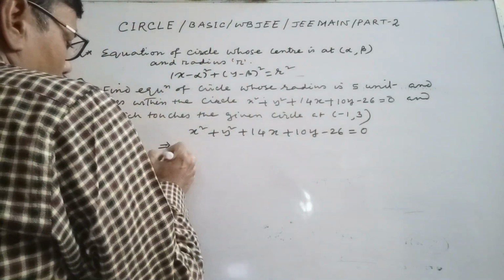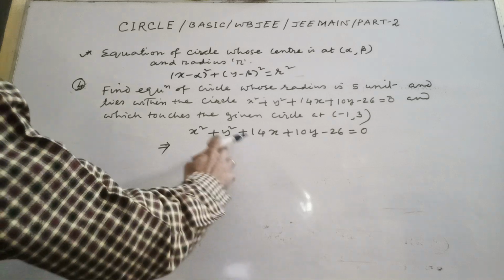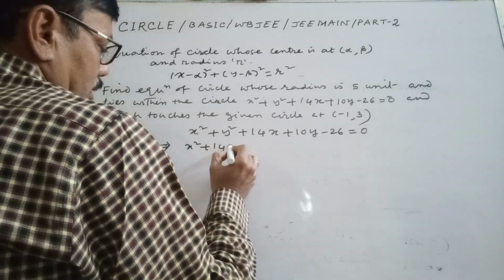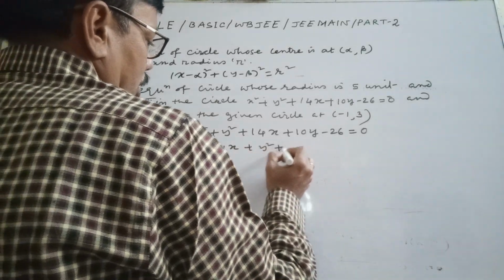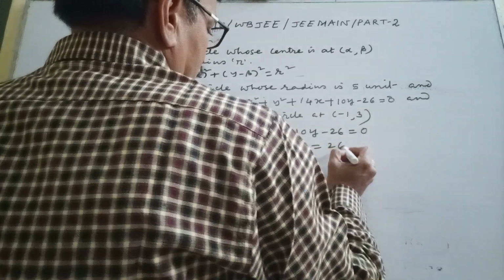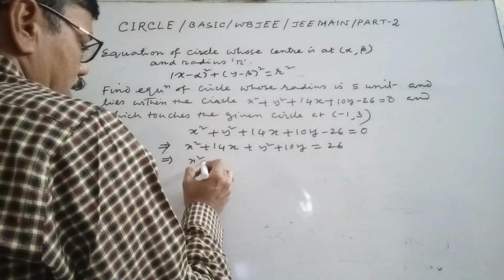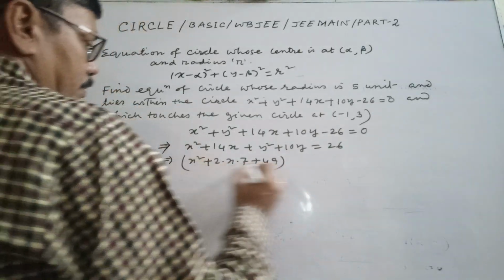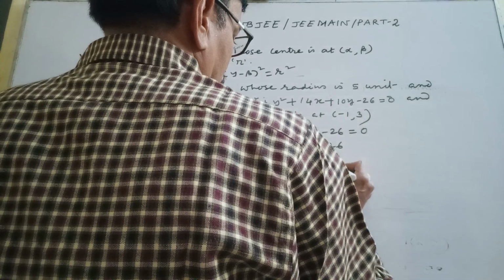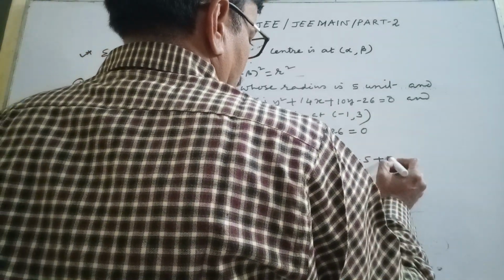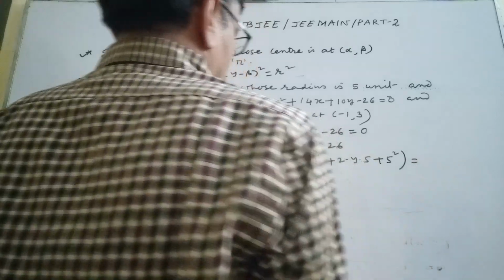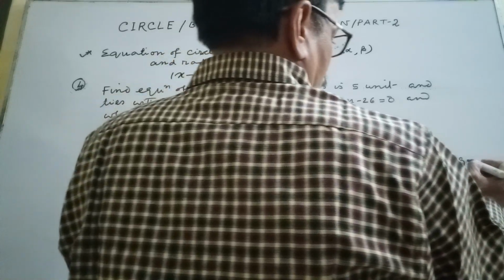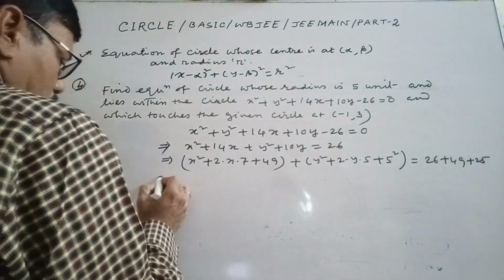Now, we find the center by expressing the given circle in this form. So x square plus 14x, y square plus 10y equals 26. Now, to make it a perfect square, 2 into x into 7, this is 7 square, 49, y square, 2 into y into 5 plus 5 square, 25. Extra terms 49 and 25 are added to 26.